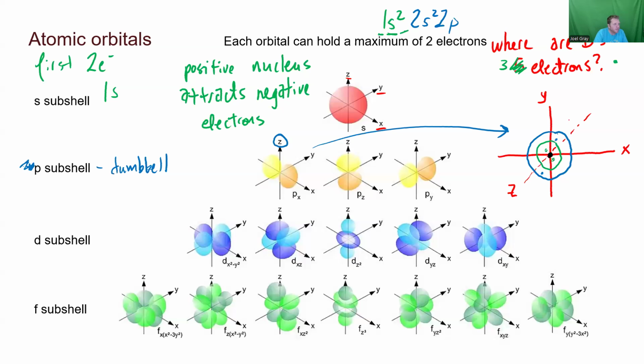That means I've got about my x-axis this kind of dumbbell shape. I can have an electron right here. Kind of looks like elephant ears, basically. One of my electrons can be there, in which case that gives me the opportunity to complete my electron configuration and say 2p1. I don't have to say 2px or 2py or 2pz. I just have to say what subshell it is, the p subshell, and the number that goes before that.